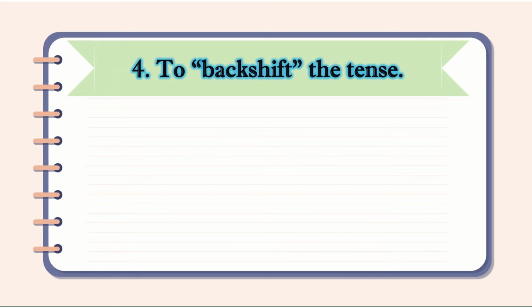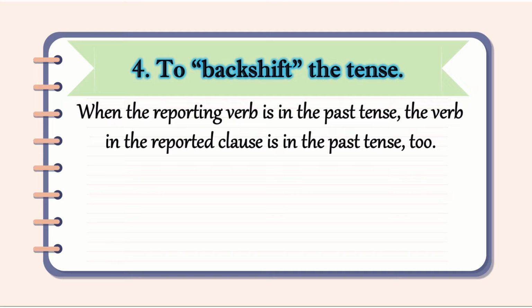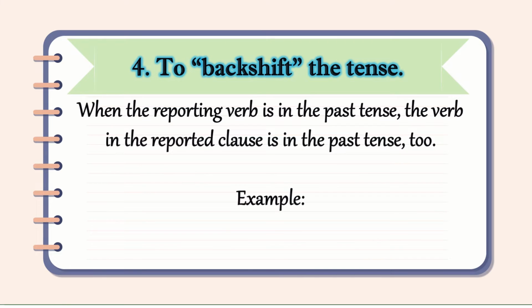Fourth, backshift the tense. This is the trickiest part of reported speech. When the reporting verb is in the past tense, the verb in the reported clause is in the past tense too, with the verb aspect showing whether the action is completed. Here you have some examples.